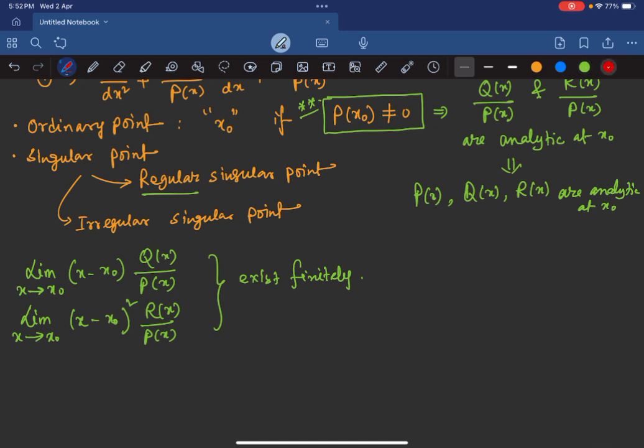If it is not a regular singular point, then you have the case of an irregular singular point.